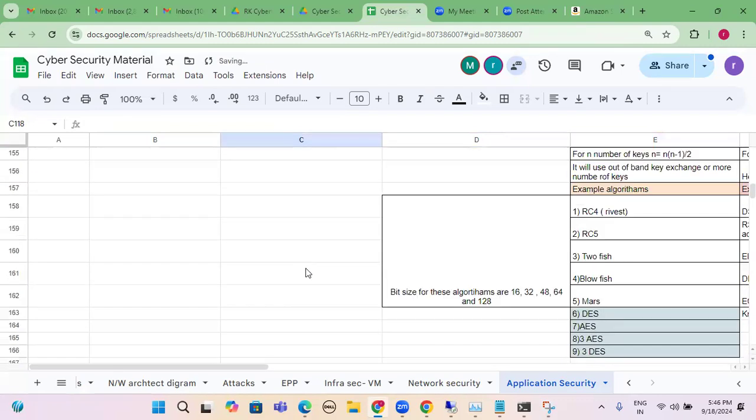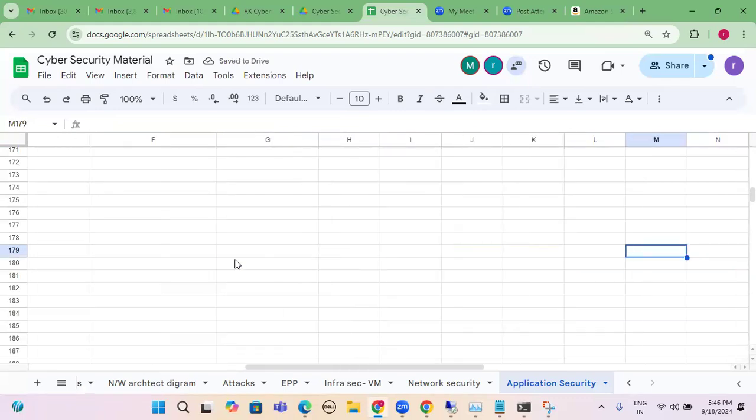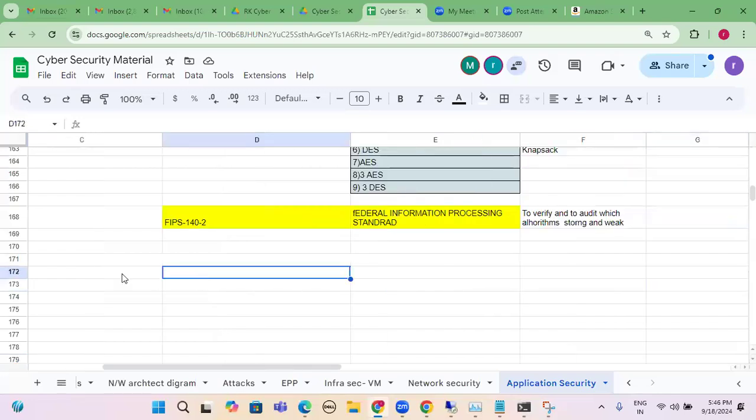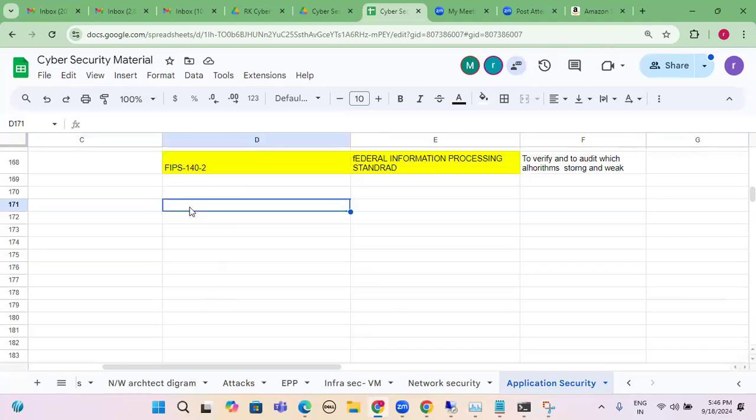So now we can discuss hybrid cryptography. Hybrid cryptography we can call PKI, public key infrastructure.